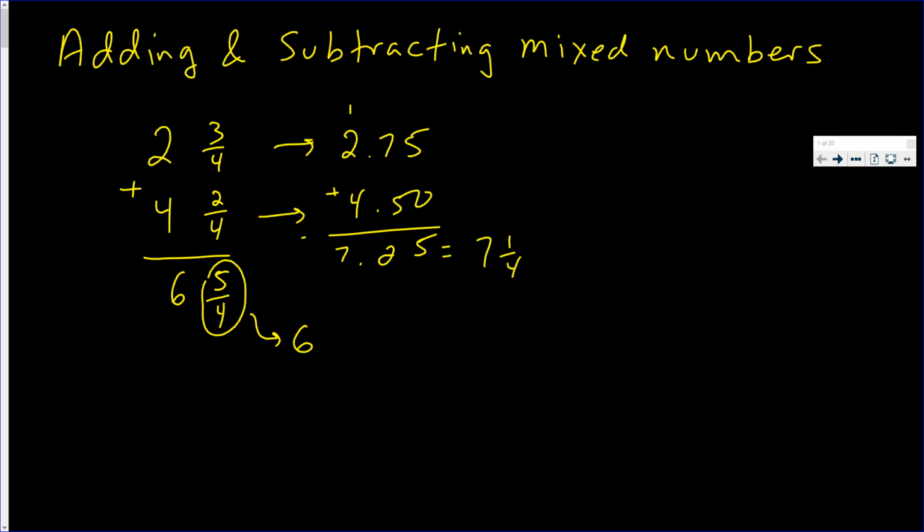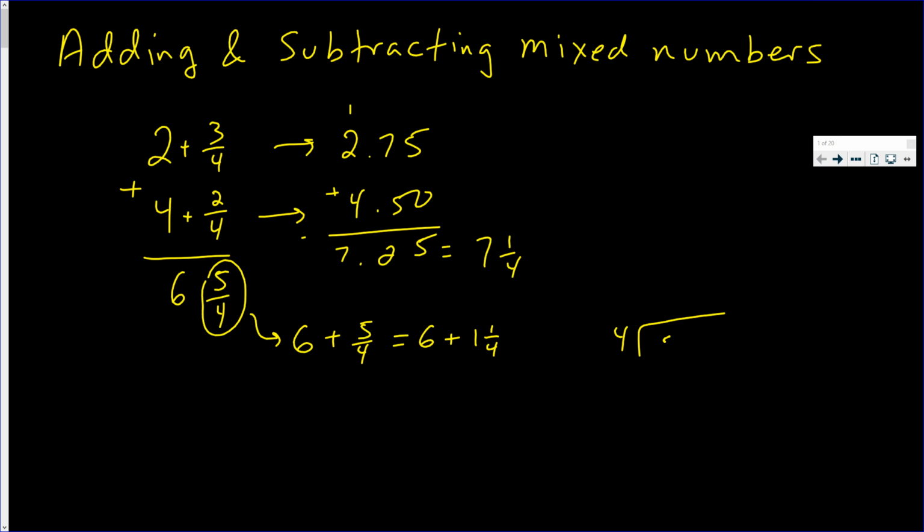First of all, this is 6 plus 5/4. This is also 2 plus 3/4. And 4 2/4 is 4 plus 2/4. Well, 6 is 6. And 5 divided by 4, well, 4 goes into 5 one time with 1 left over. It's 1 1/4.